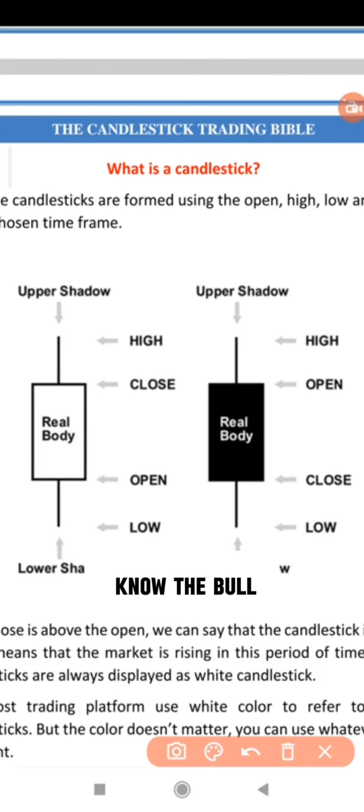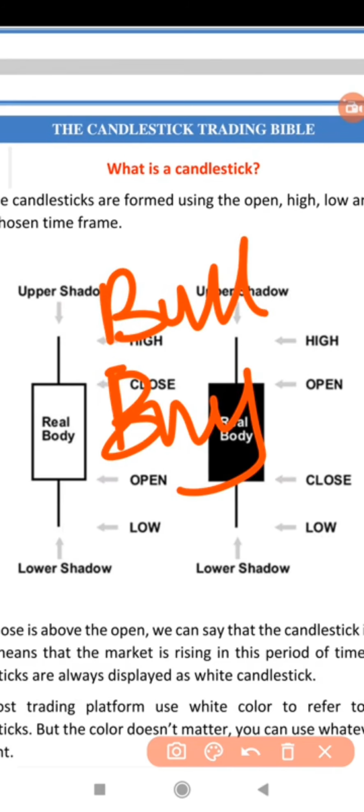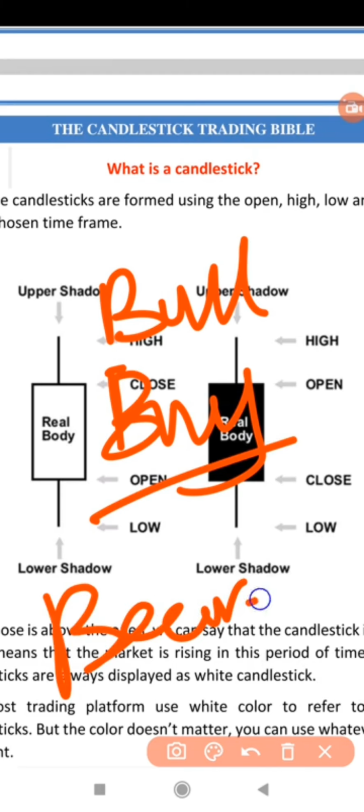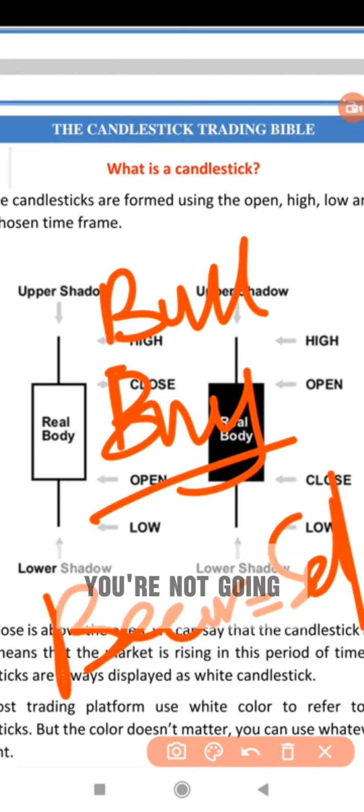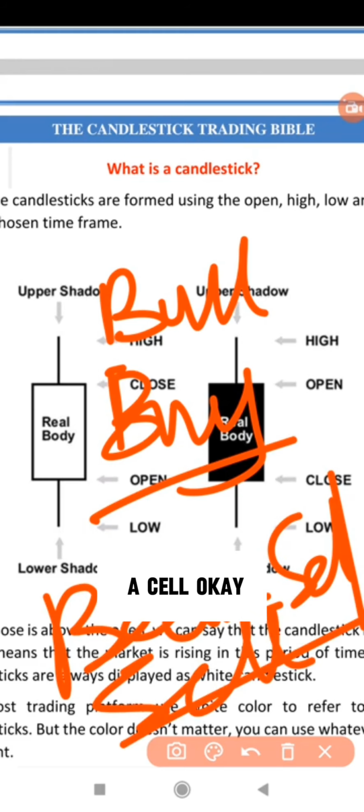So when you know the bulls are in the market, you are not going to be looking for a sell, you are going to be looking for a buy. Then when you know bears, the sellers, are in the market, you are not going to be looking for a buy, you are going to be looking for a sell.